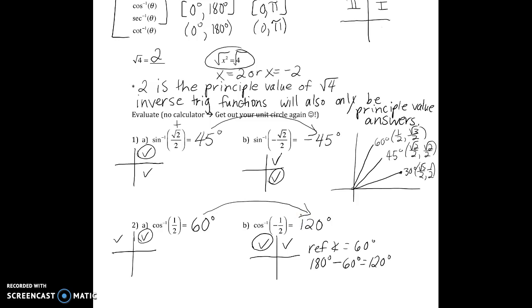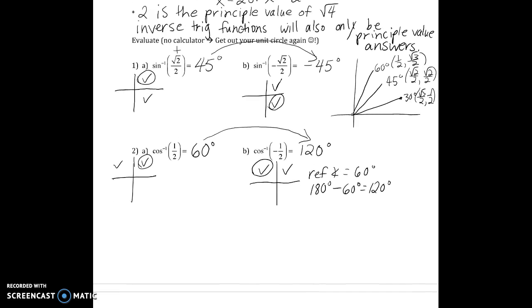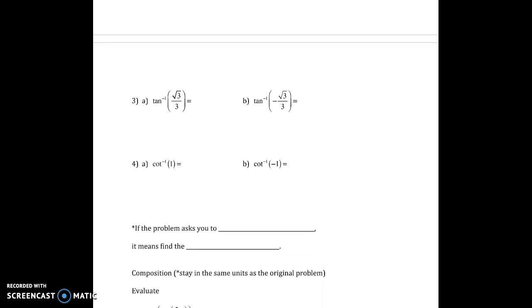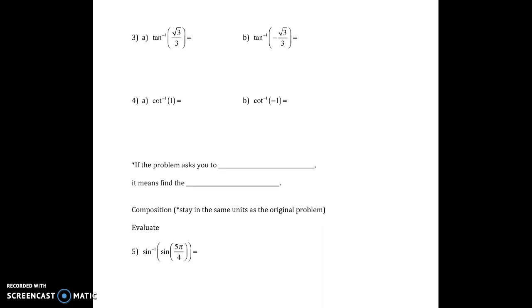All right, we have a few more to do for the inverses. Tangent is just like sine. We're looking at first and fourth. Obviously different values. And if you're looking at your unit circle, one of your options is to write the tangent values right next to it. Because we're looking at first and fourth, positive is first, negative is in the fourth, but again, it's a negative version of that angle.